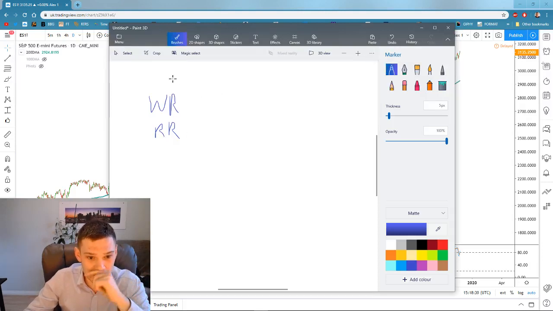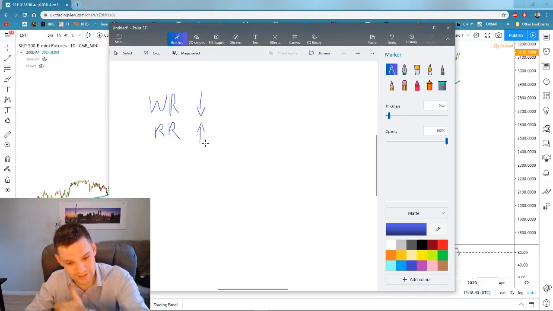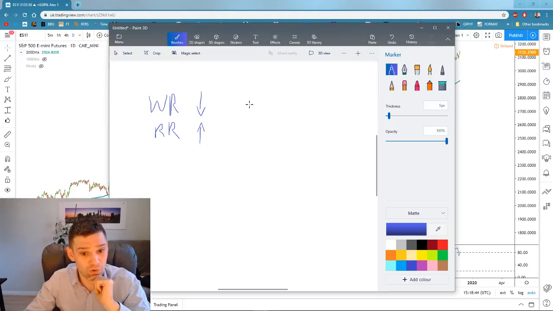For example, with a trending edge, your win rate will be lower, but your risk to reward will be higher, as you try to catch the pullbacks or catch the breakouts, but you're trading in the direction of the trend. And so net overall, over 50 trades, this should add up to a profit.